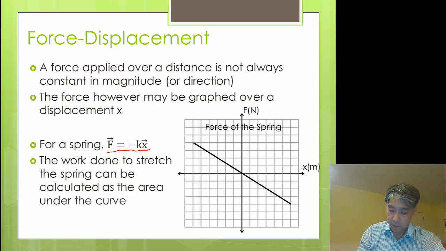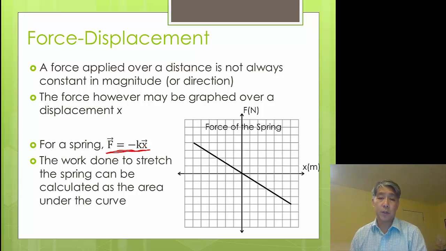So here we have Hooke's law, which says the force is equal to minus kx, which if we graph it, is this sloped line right here, with a negative slope corresponding to minus k.